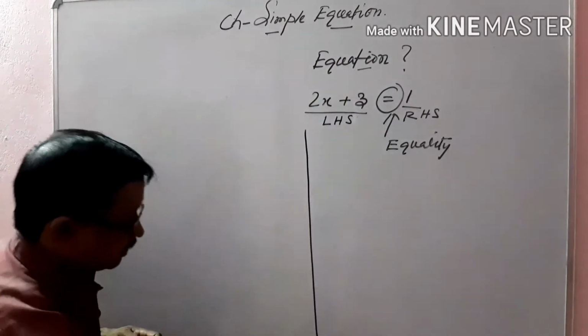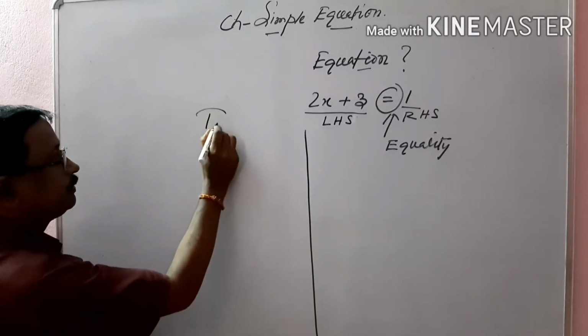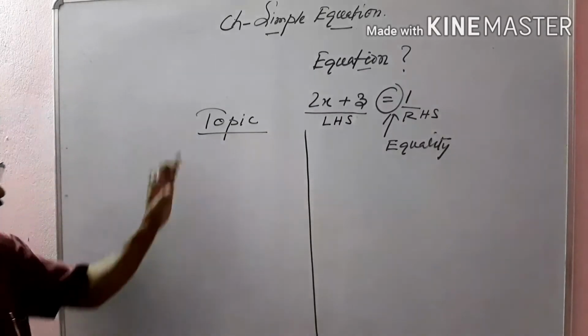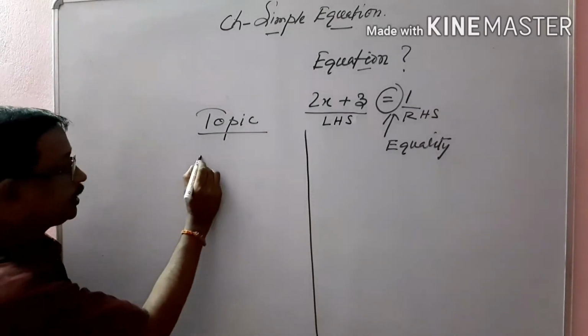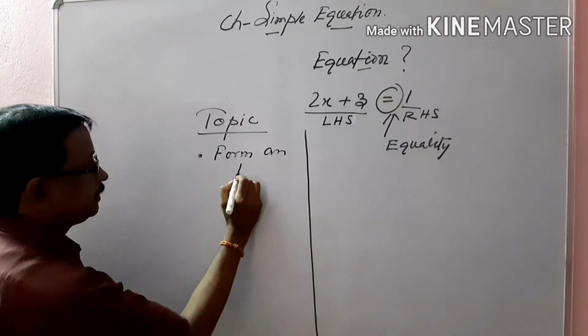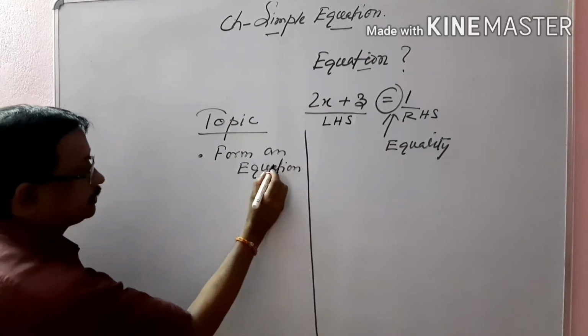Now I am going to explain the topics which are related to your chapter. The first topic: how do you form an equation? Very beginning you have to know how to form an equation.